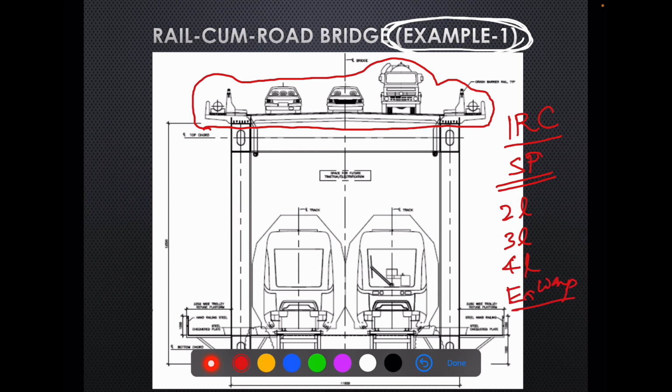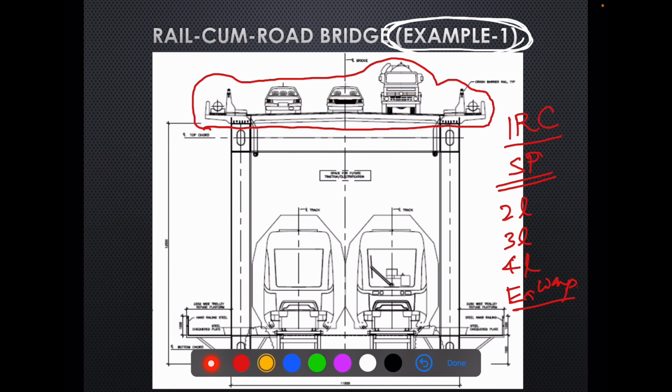So basically, configuration means the width of the carriageway, the footpath arrangement, the curb arrangement, etc. So this is how we get guidance on what widths and what deck configuration we have to take for the road arrangement.